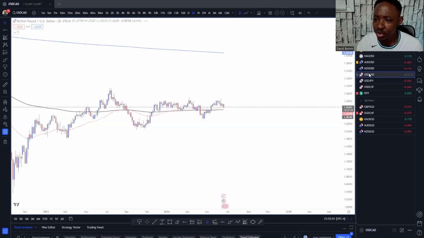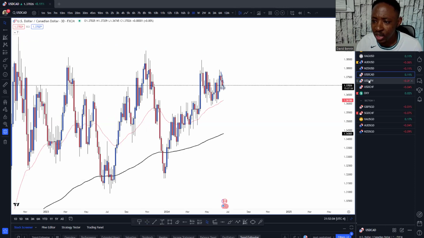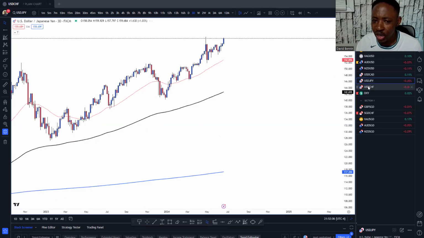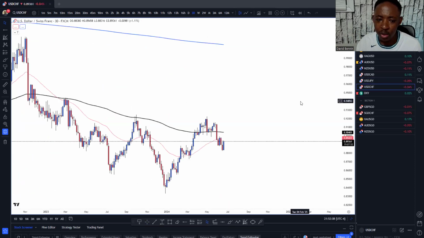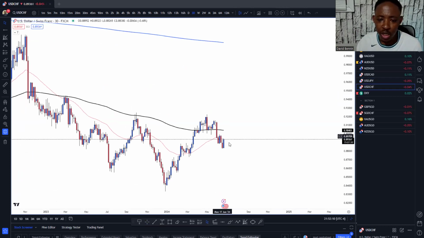So let's go to the flip side. Let's look at USD CAD, USDJPY, and USDCHF, right? If the dollar is strong, we are looking to buy. If you look at USDCHF, you see that it is trading below these two EMAs, so USDCHF is not so bullish compared to USDJPY.